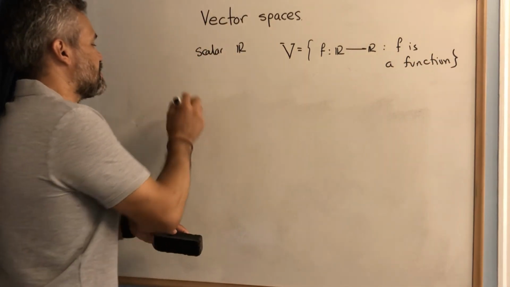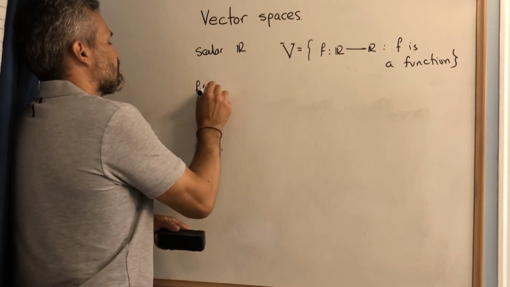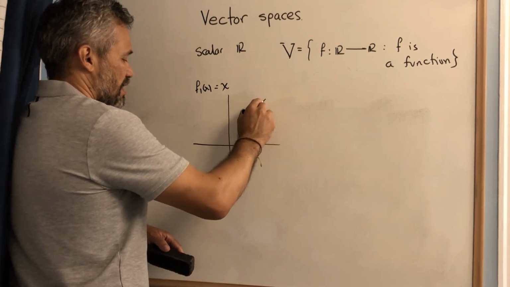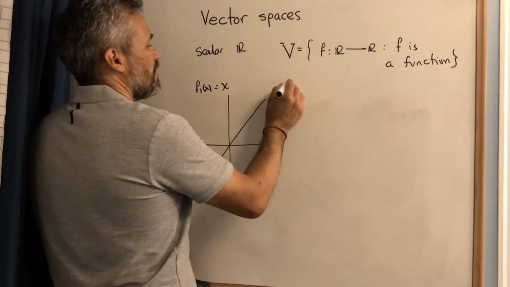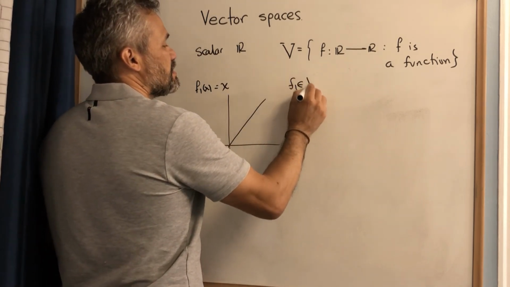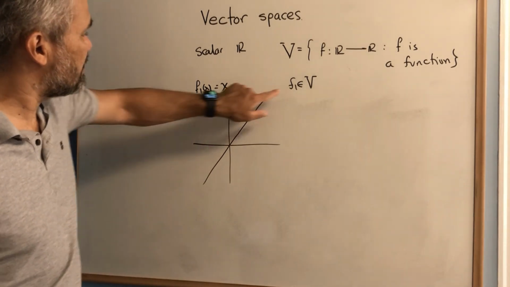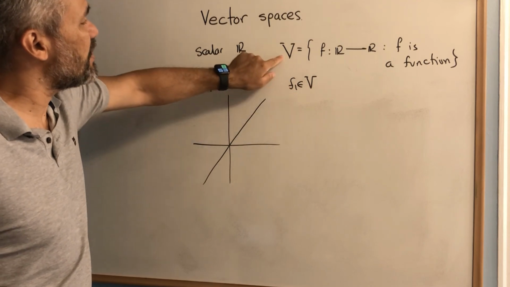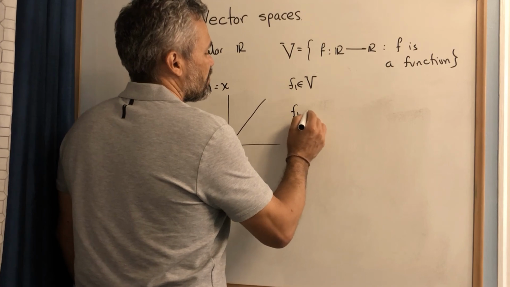In this case, I can say f1 of x equals x, the function that has this graph. This is an element in V, f1 is in V. Since f1, this function, is an element in V, and V is a vector space, then we call f1 a vector.